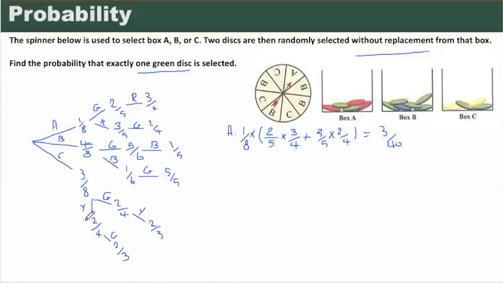Now I will go for box B. Again, the probability of B was 4 over 8. They are independent, so I say B and exactly one green. So I come to box B, exactly one green would be a dependent event. The first is green, which was 5 over 6.